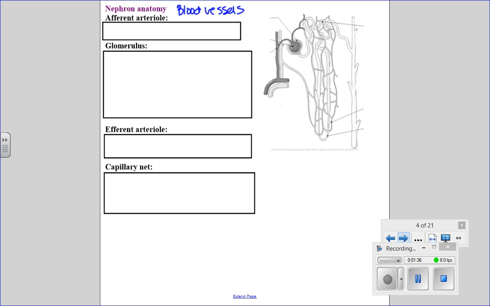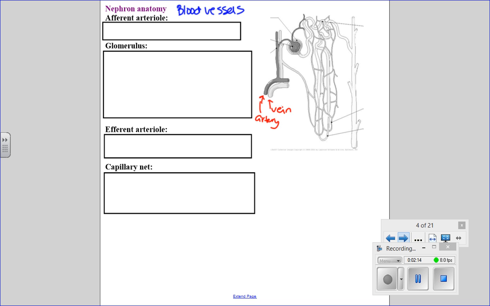So when we look at this diagram, you'll see, first of all, some blood vessels that we've already named coming into your kidney or coming towards the nephron. So notice here you have these two blood vessels. Now the darker colored one is the one that goes into this sort of ball right here. And we'll see in a minute that that's how I can identify that that darker colored one is the artery.